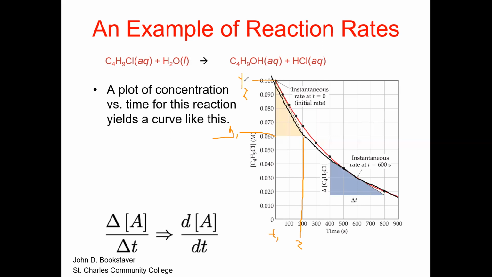So if you want to get the instantaneous rate at this point, then you now take the concentration, which is 0.1, minus 0.06, and the time here is 200, so 200 minus 0.